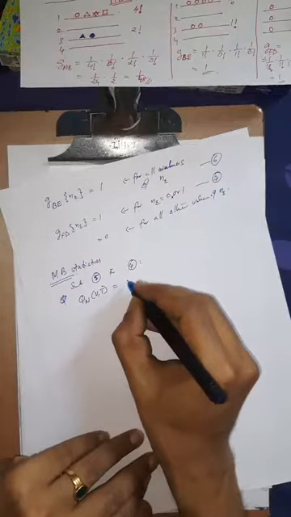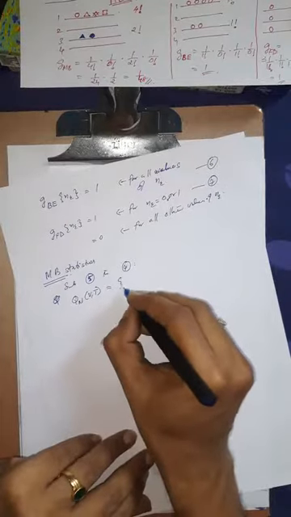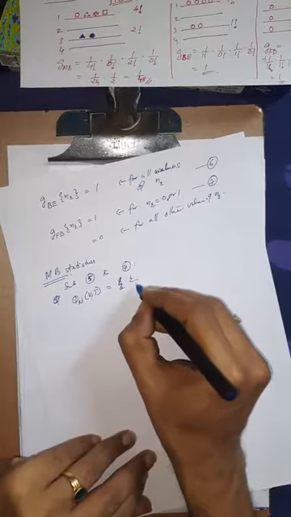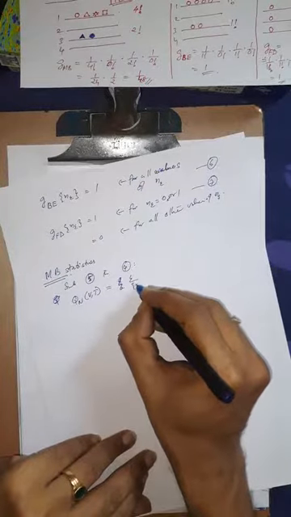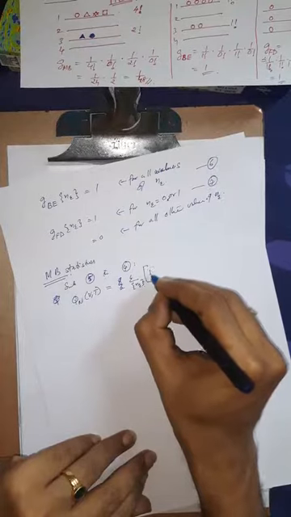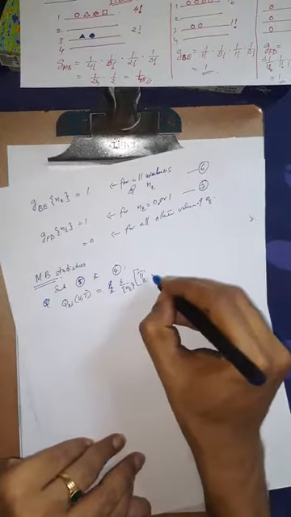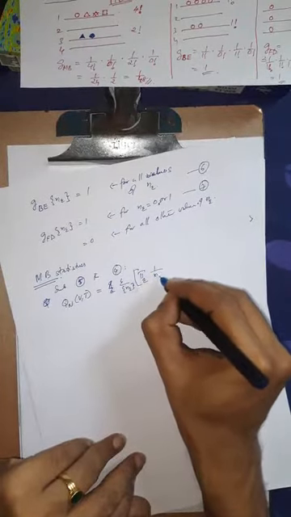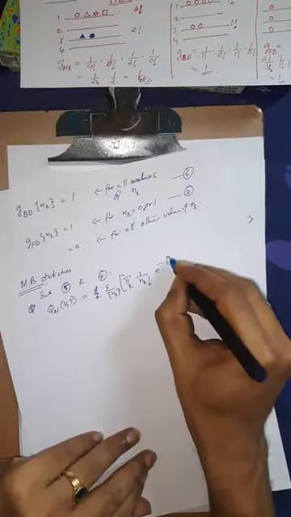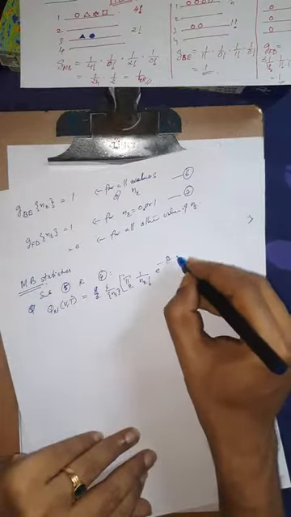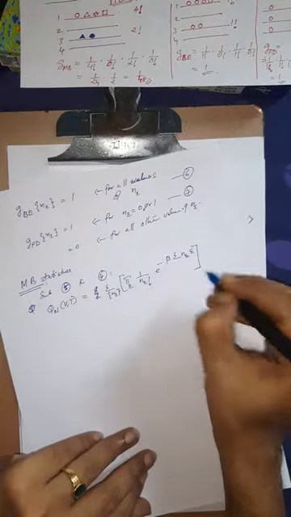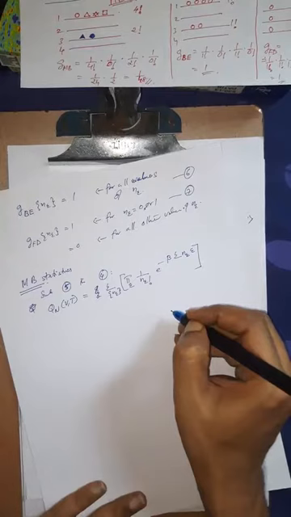Q_N V T is equal to sum over Ne, product over 1 by Ne factorial e raised to minus beta sum over Ne e, right?